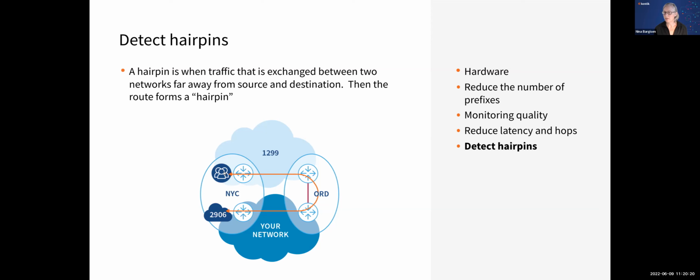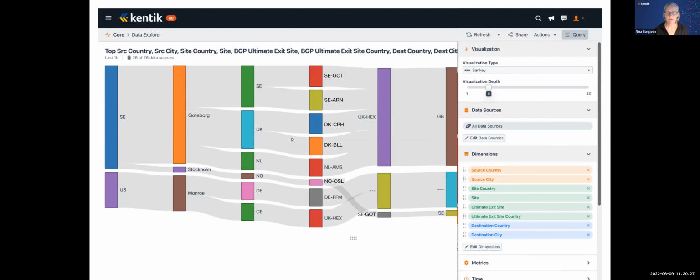So is there a way that we can use the Kentik tool to find these cases? And there is. I've tried to build a query here on some made-up data where I'm looking at country and city, and then we can add the site and the site of the country. And then we add the ultimate exit site, which is the site where the traffic is leaving our network again. This is a term that Kentik have made up.